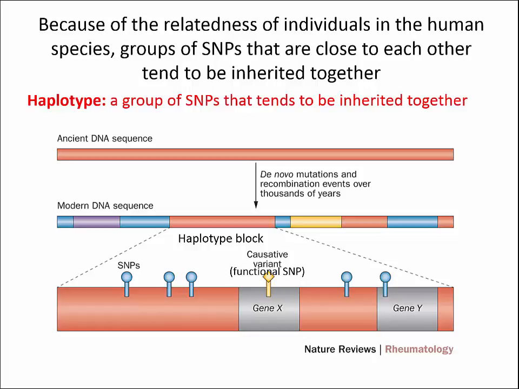So, humans are all related, and because of the general relatedness of humans, we have these groups of SNPs that tend to be inherited together. So if you have an ancient individual who actually had this causative variant that gives susceptibility for a disease, so they contain a functional SNP, and throughout many generations, you get lots of interbreeding and lots of crossover events, so that this particular ancient DNA sequence is now broken up.